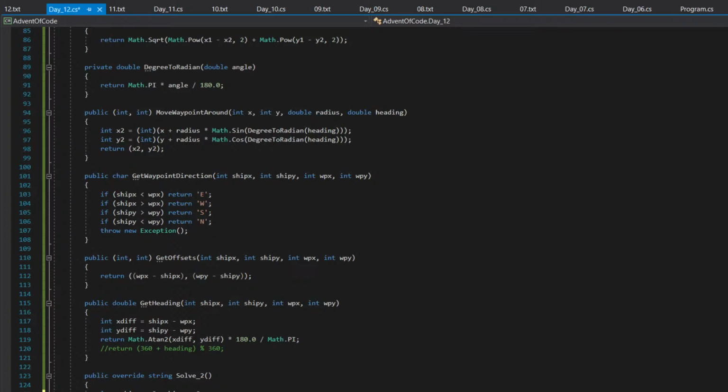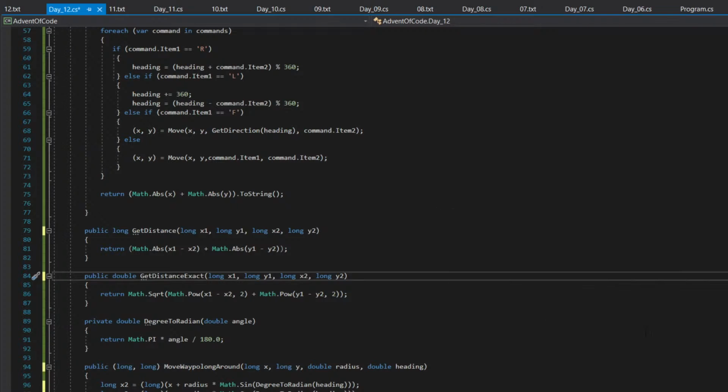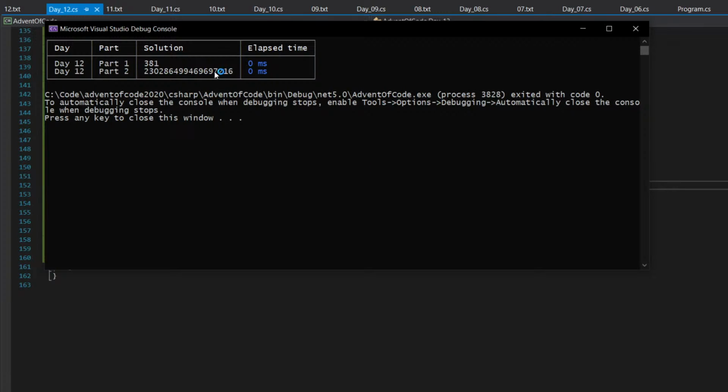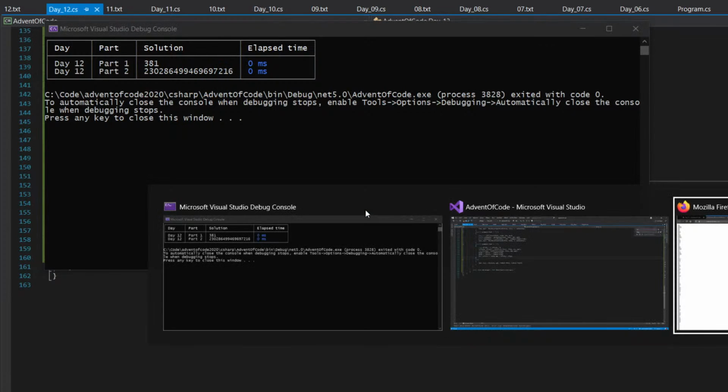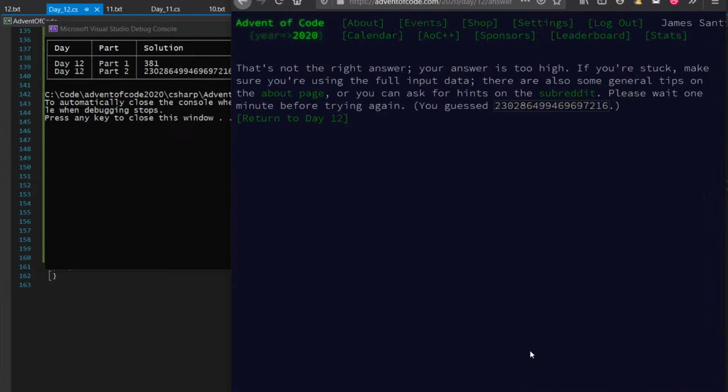So get distance needs to change. How about we do this? Let's just go nuts and change all the integers to longs. Okay. That is a gigantic number. It's not the right answer.